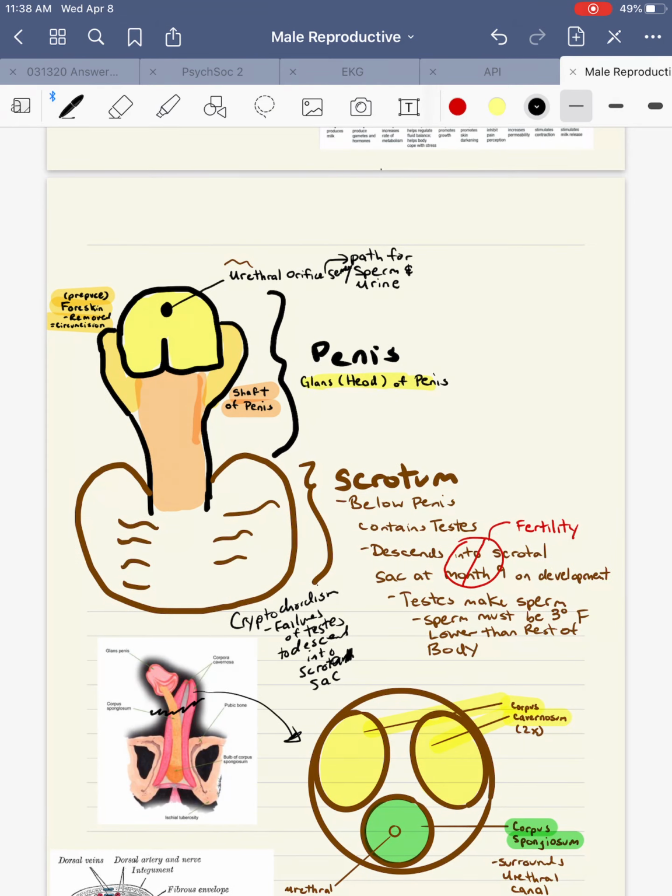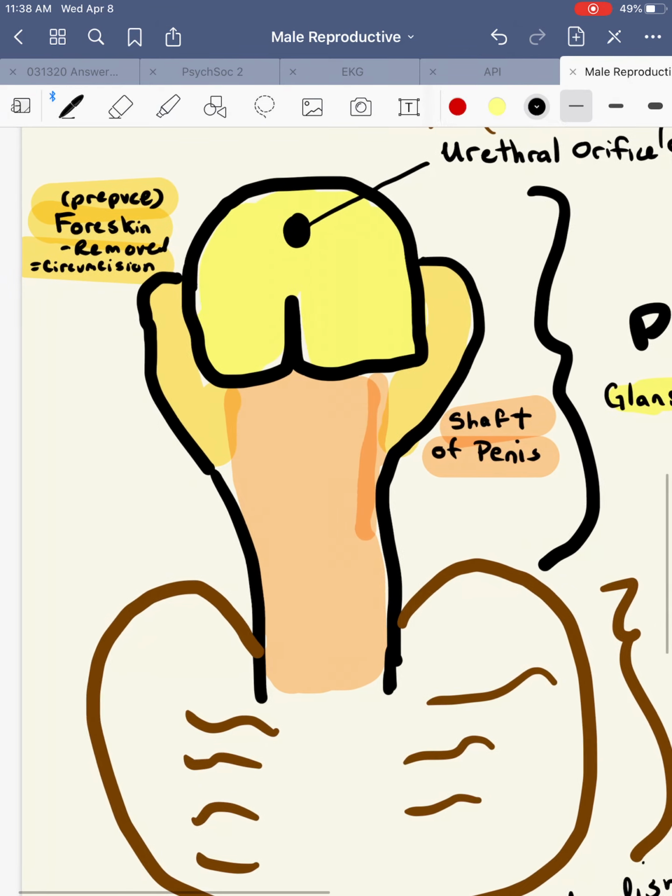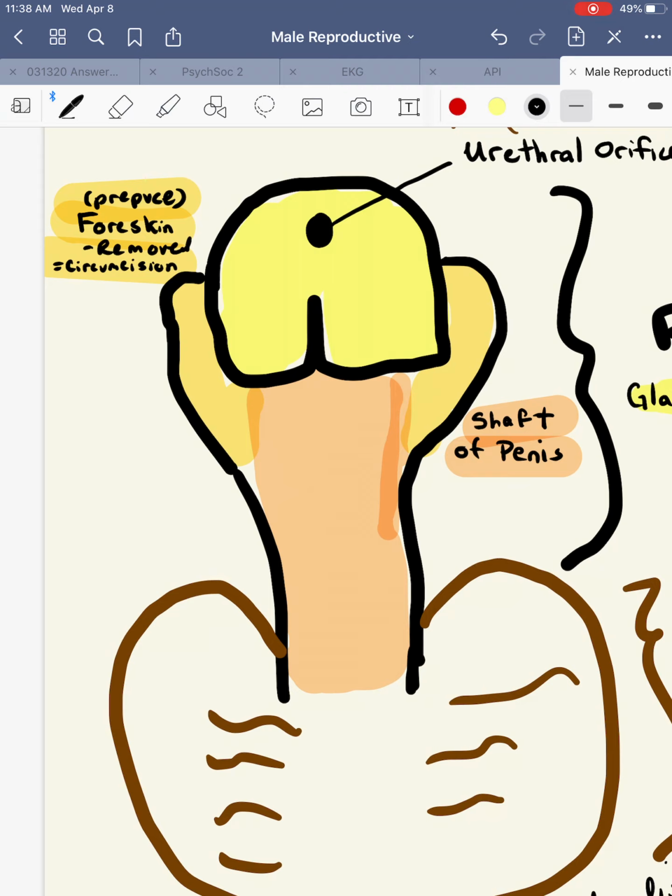Let's talk about this region here called the prepuce, which is also known as the foreskin. I highlighted this in orange for you. Most foreskins in the United States, actually I think it's about 50-50, I don't know the statistics offhand. If you remove the foreskin, that's a process called circumcision.